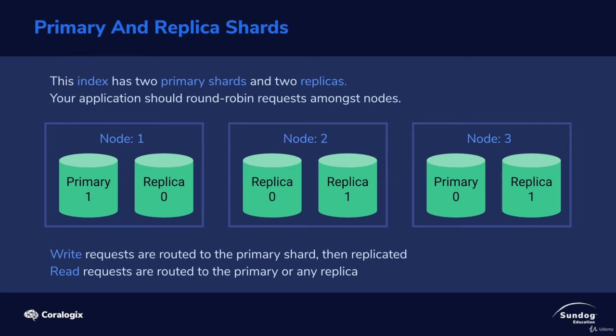So let's look at an example of failover here. Let's say that node 1 were to fail for some reason. It had a disk failure or the power supply burned out or something like that. So in this case, we're going to lose primary shard 1 and replica shard 0. But it's not a big deal because we have a replica of shard 1 sitting on node 2 and another replica sitting on node 3. So what would happen if node 1 just suddenly went away?